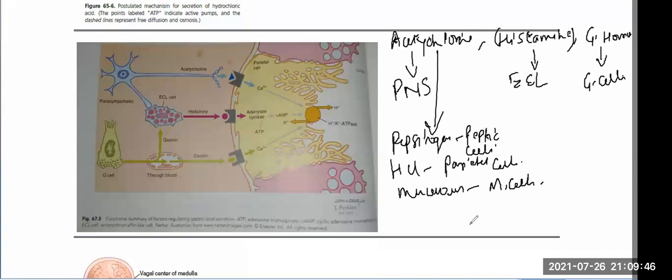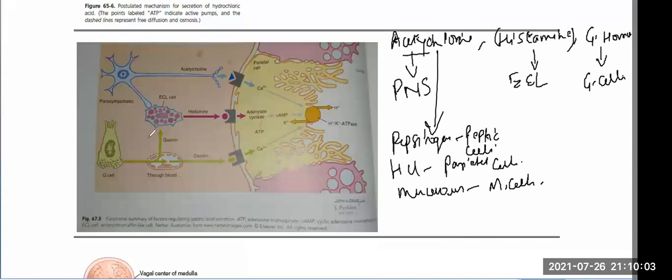I repeat, the regulation of gastric juice is done by acetylcholine secreted by the parasympathetic nervous system, histamine secreted by ECL cells, and gastric hormone secreted by G cells.